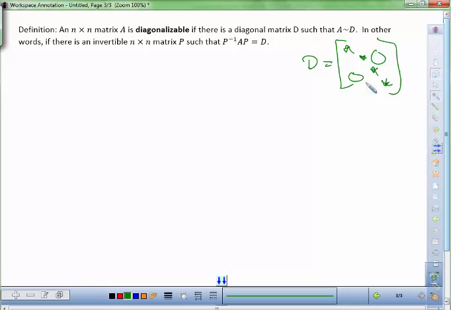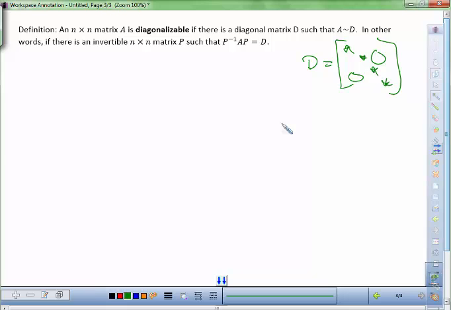Isn't that how we were finding the characteristic equation? That's for A, something equaling 0.